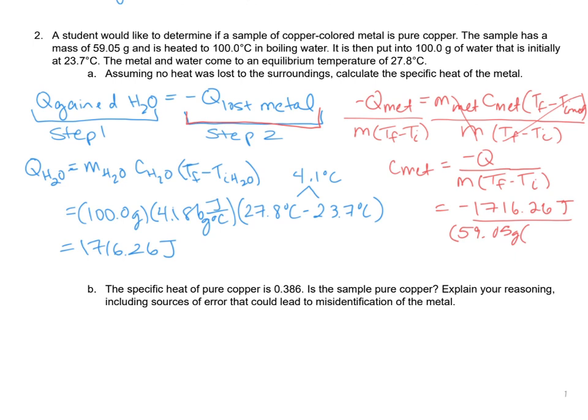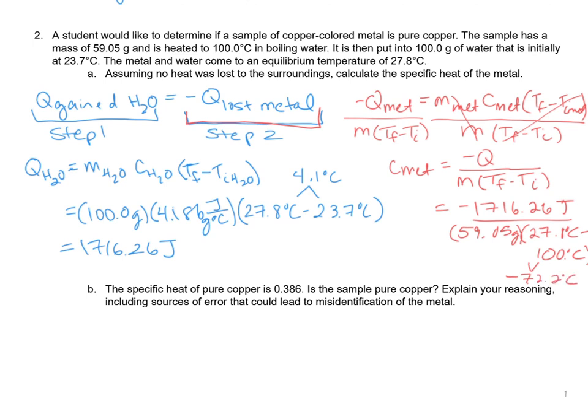And then the final temperature of the metal is the same as the final temperature of the water. It's 27.8 degrees Celsius. The initial temperature, because it was in boiling water, is 100 degrees Celsius. So that change in temperature, when we subtract, ends up being negative 72.2 degrees Celsius.